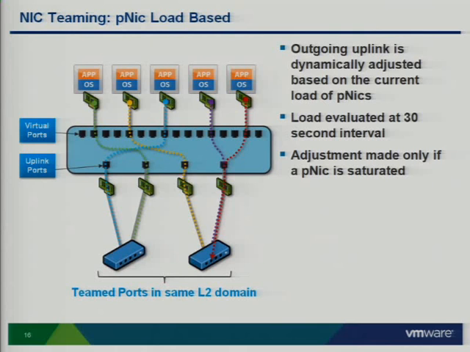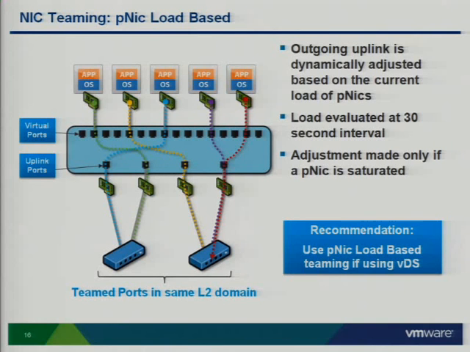So if you set this teaming policy, you don't need to worry about anything. We'll do our best effort in terms of balancing out the traffic across all the pNics. That's the recommended one if you're using the distributed switch. There's no special requirement on the physical switch setup. It's very straightforward.